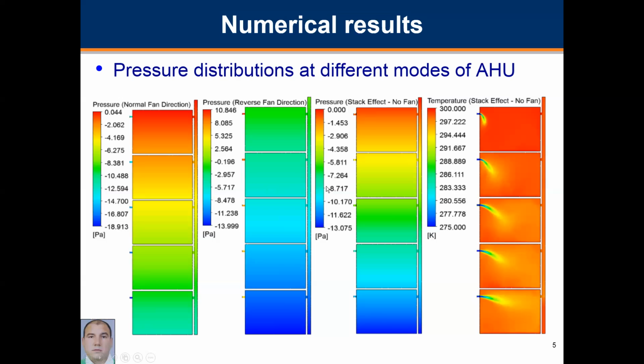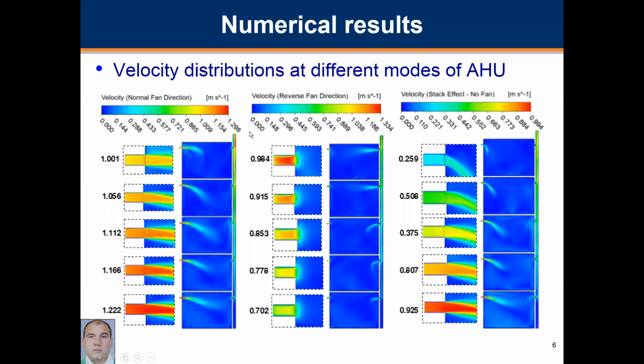The pressure distribution at different operating modes of the air handling unit and the thermal distribution in the building in case of not working fan are shown on the screen. The distribution shows the difference between the indoor and outdoor pressure for each mode of the system. Next slide shows velocity distribution at different modes of the air handling unit.